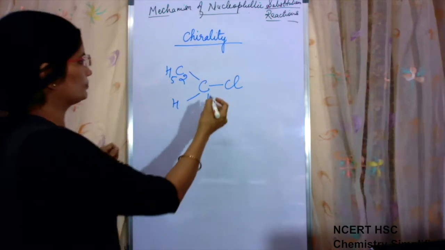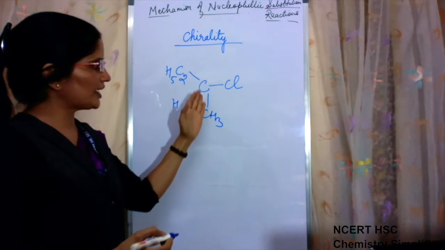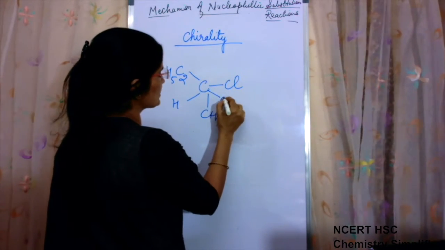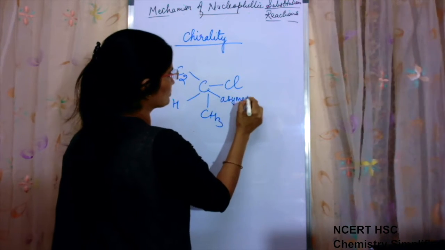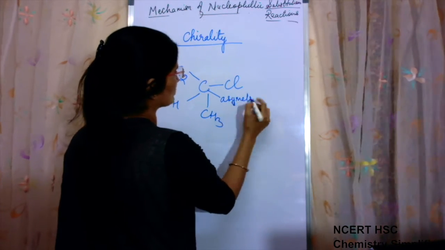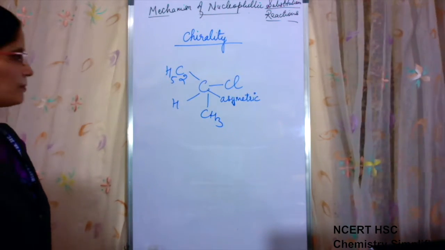That means all the 4 bonds attached to the carbon atom are different. Then this carbon atom is known as asymmetric. Okay, this is an asymmetric carbon atom.